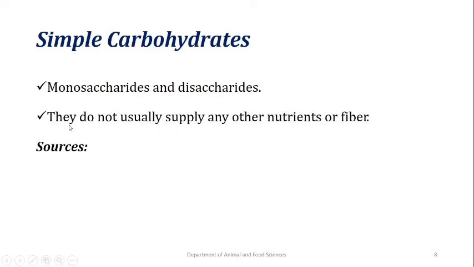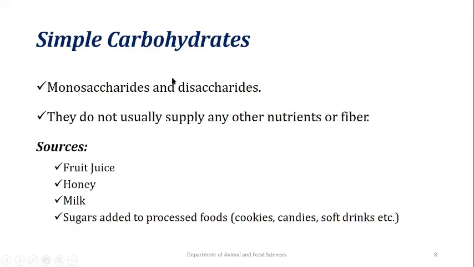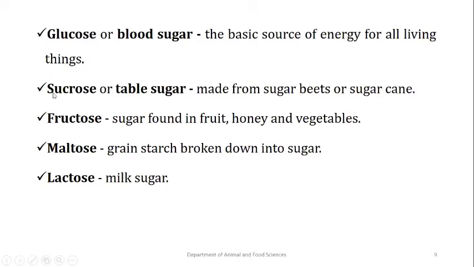The sources of simple sugars are fruit juices, honey, milk, and sugars added to processed foods like cookies, candies, or drinks. These are a few types of simple sugars that we have in particular food products.